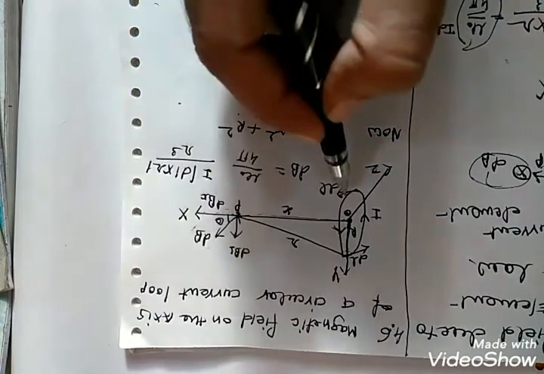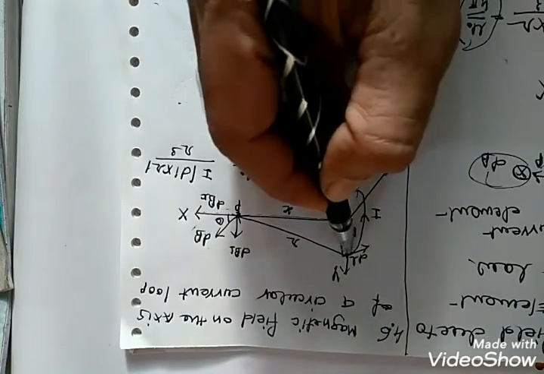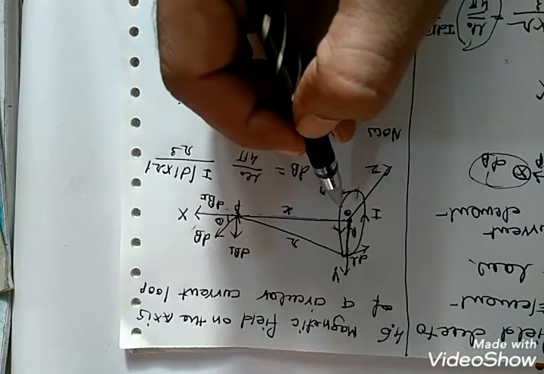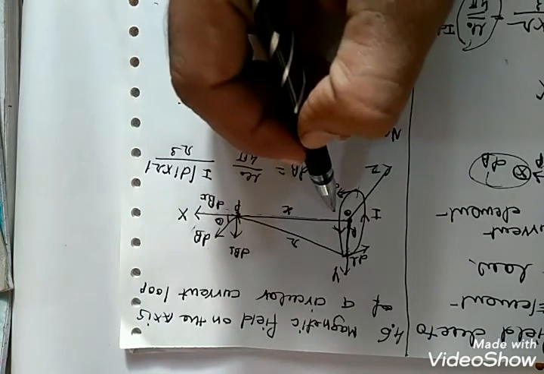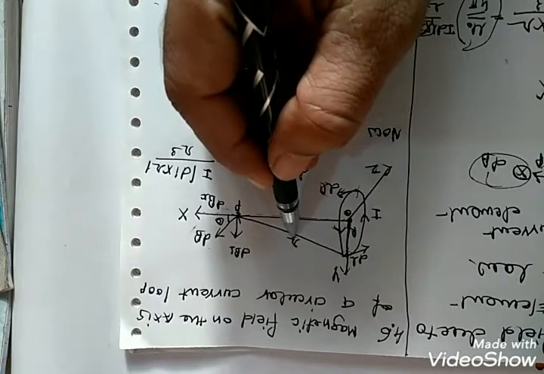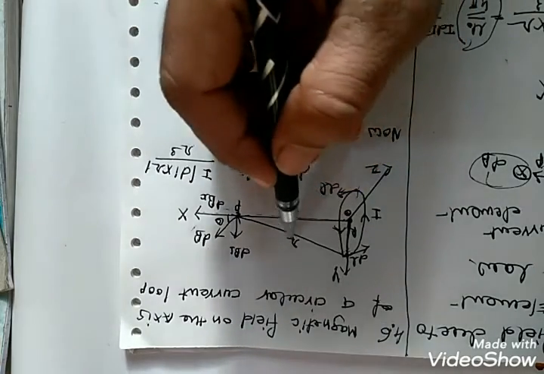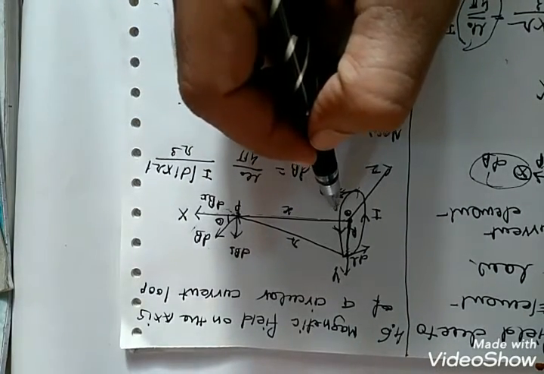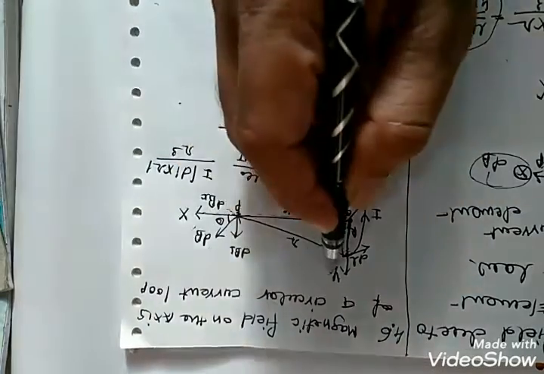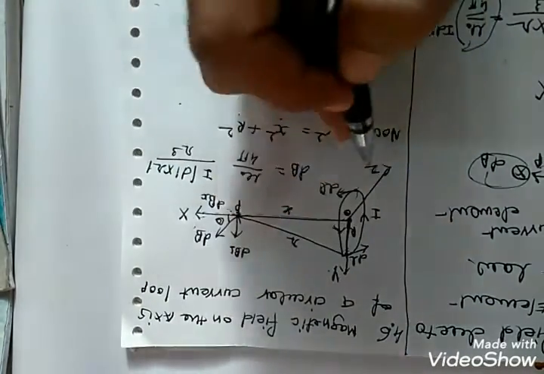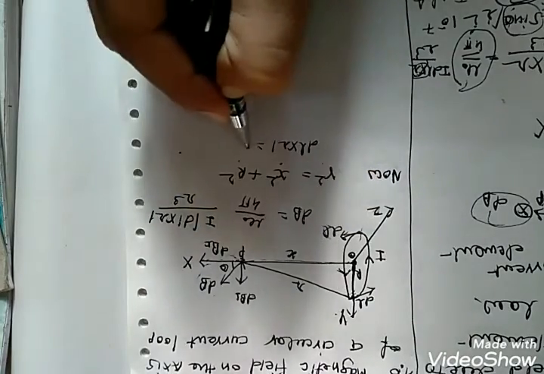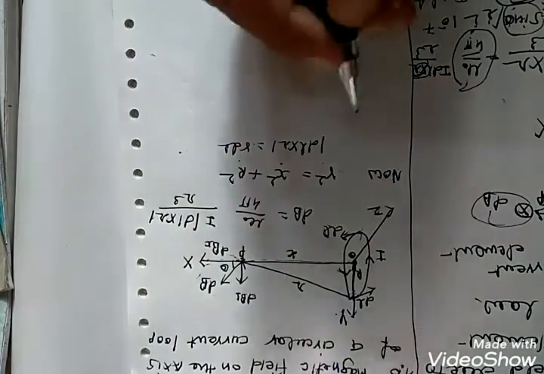For example, this element dl. In the figure, in the YZ plane, the displacement vector r from dl to the axial point P is in the XY plane. So the magnitude of dl cross r is equal to r dl.